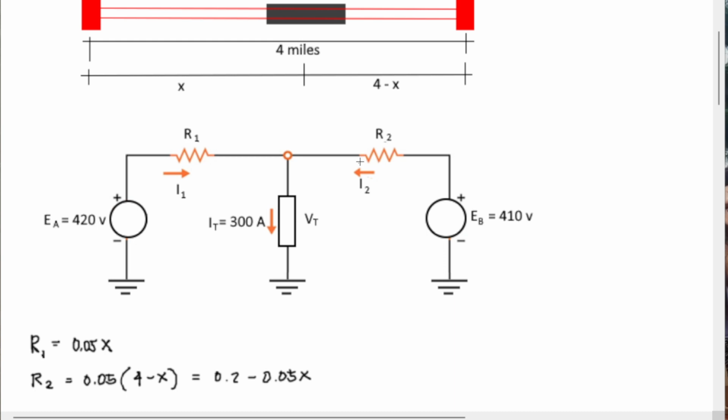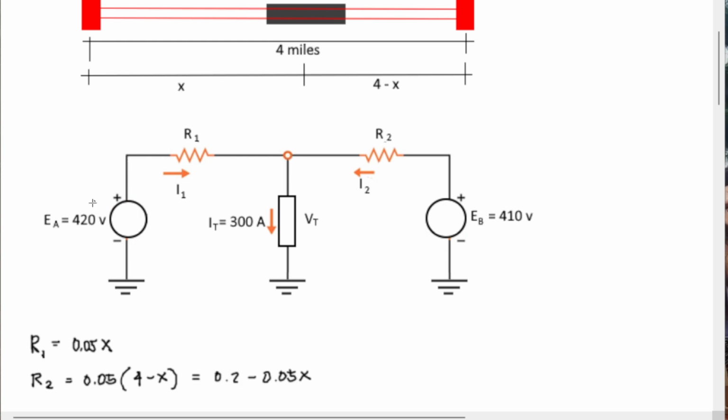The method we will use here is the nodal system. We need an equation for I1 in terms of the voltages and the resistance. I1 is equal to the voltage across R1 divided by R1. We already have R1, so we only need the voltage. The voltage is the difference between the potential at this point and this point.